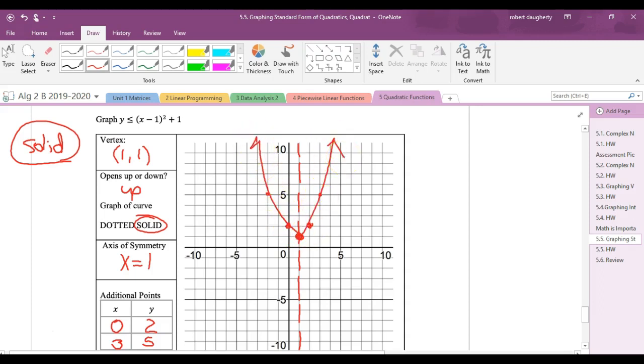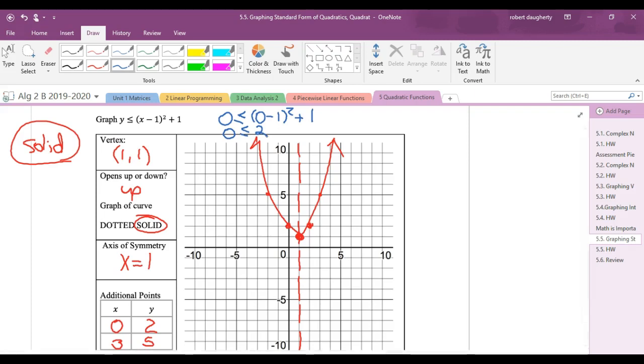Now I just need to know, am I shading above or below? How do I do that? Pick a test point. The easiest one to pick is 0, 0. So I'm going to ask myself, is 0 less than or equal to 0 minus 1 squared plus 1? What is 0 minus 1? Negative 1. You square it and you get 1. So is 0 less than or equal to 2?